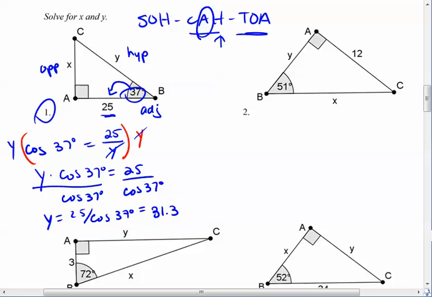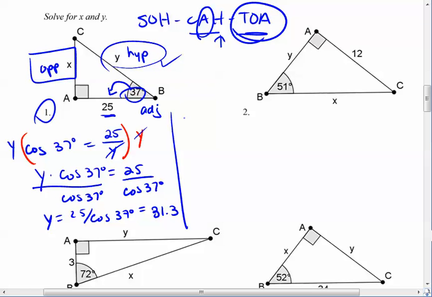All right, I'm not done yet. I found the hypotenuse. I do need to find x, which is the opposite side from 37. So here's what I'm going to do. I need to write a ratio with the opposite side and the adjacent side, O and A. That gives me tangent.